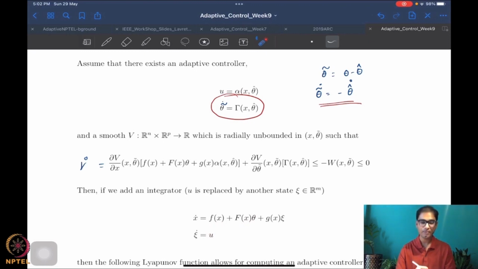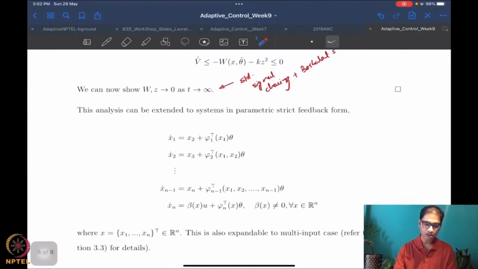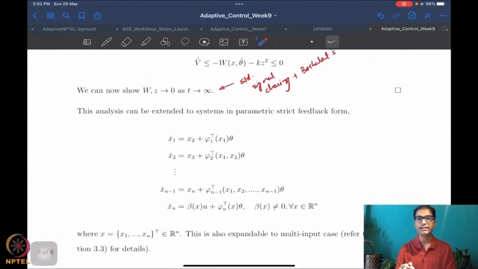This method can also be generalized to the more complicated situation where you have unknowns that appear in several levels above the control. The way you would do it is sequentially.